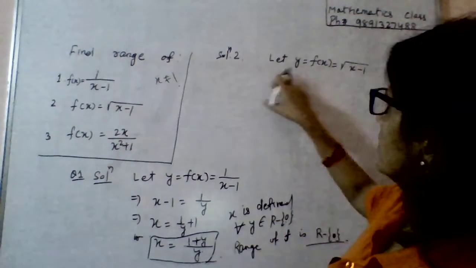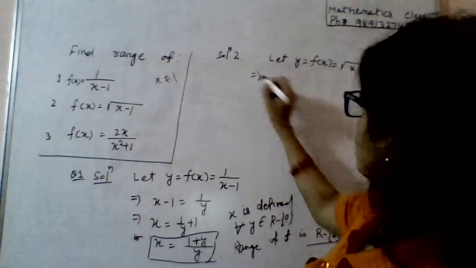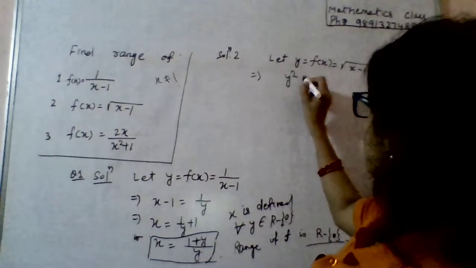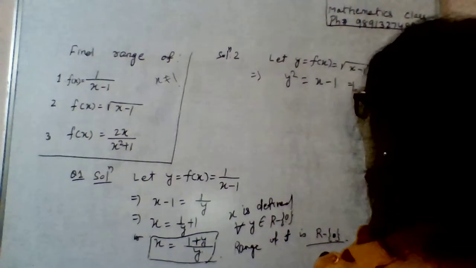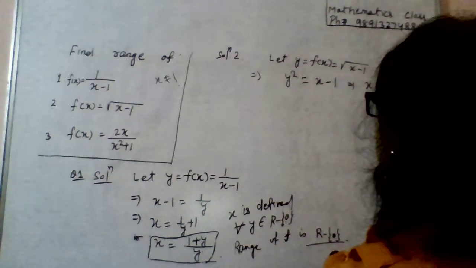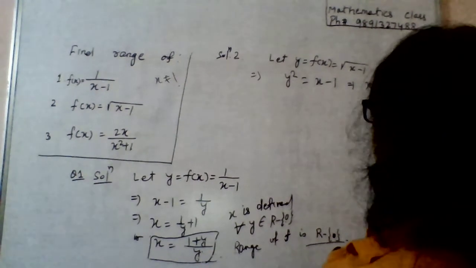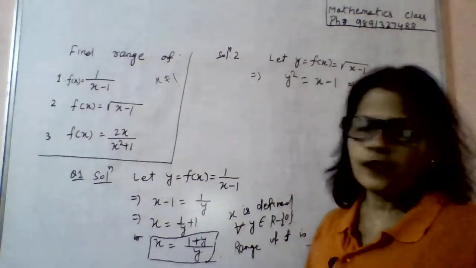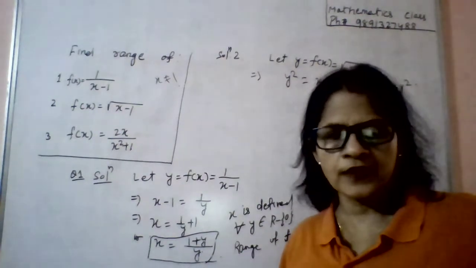So step 1, let y equal to f(x) equal to this. This implies y square is x minus 1, or this implies x equal to 1 plus y square. Okay, so the first step is done: write y equal to f(x) equal to whatever function is given.